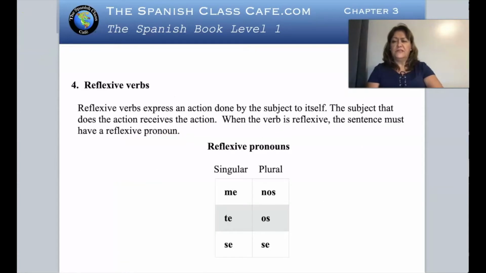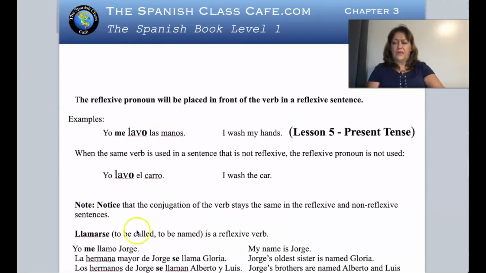We go and see the pronouns here, the sister will be right here. That's why it will be la hermana de Jorge se llama. We can substitute la hermana de Jorge with ella. Ella se llama. And that's why it goes right here. Then la hermana mayor de Jorge se llama Gloria.